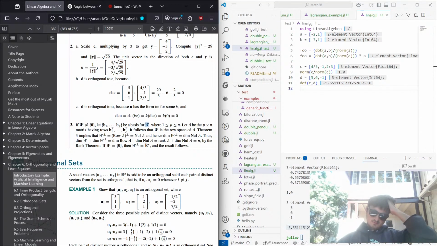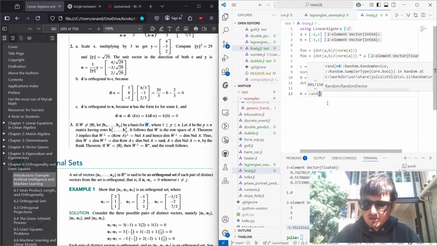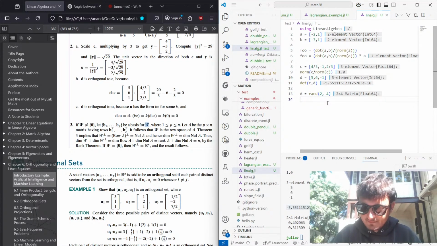If we take A to be a random 2 by 4 matrix, then the kernel has elements in R4.